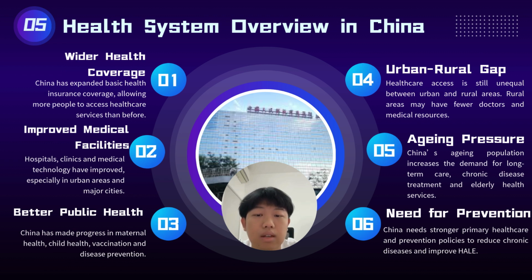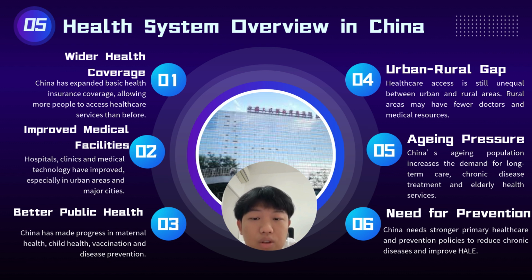However, China's health system still faces some challenges. First, there is an urban-rural gap. Healthcare access is still unequal between urban and rural areas. Rural areas may have fewer doctors and fewer medical resources. Second, China faces aging pressure.